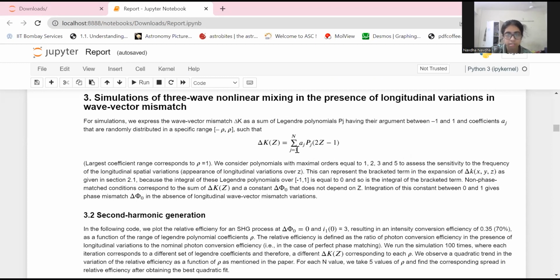So the sum here is taken from the first order polynomial to some nth order polynomial. The n values that we'll be considering today are 1, 2, 3, and 5, as done in the paper. The reason behind choosing the Legendre polynomials is that we want to approximate the wave vector mismatch as some polynomial, and the Legendre polynomials seem to be the ideal choice because their integral over -1 to 1 is 0.